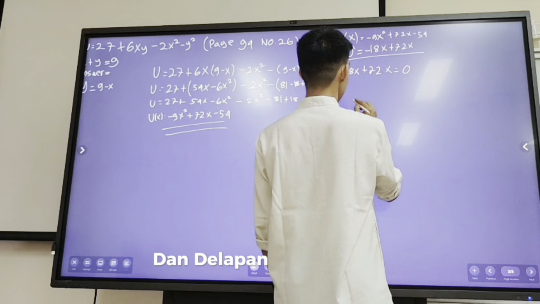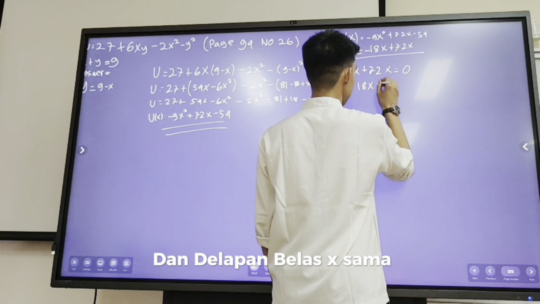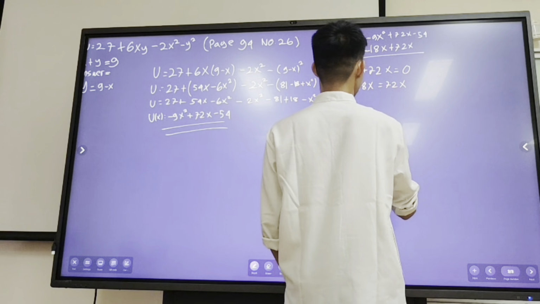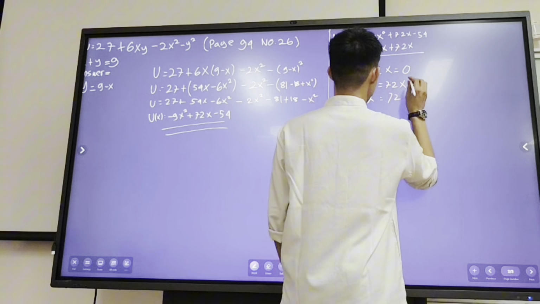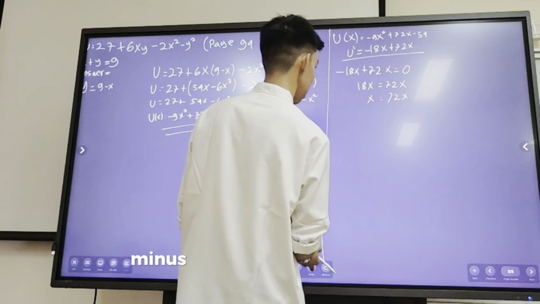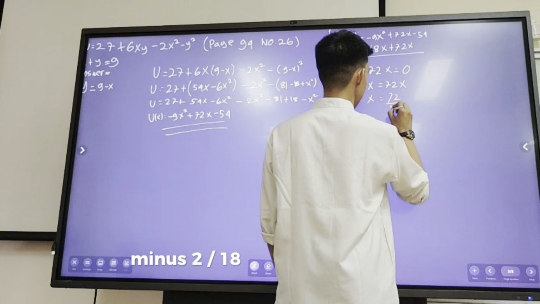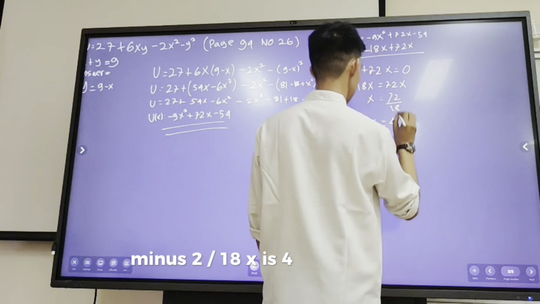Then 18x equals 72, so x equals 72 divided by 18. x is 4.